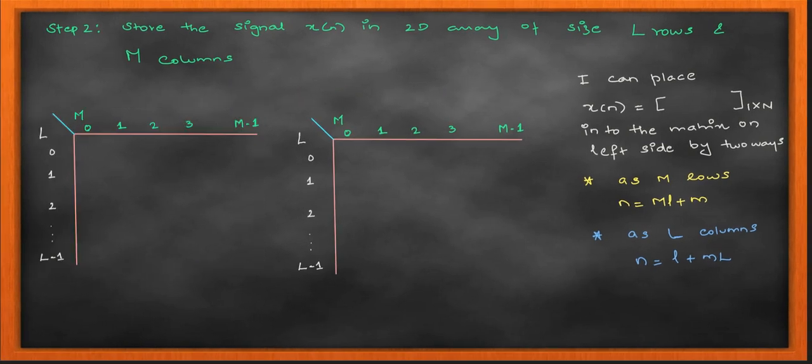Good. So you can plug in some values and see how it goes. For n equal to 0, and L and M equal to 0, what do I get? You can just put these values and you will see you're going to get x0, x1, etc., x of M minus 1. So the row representation is given in the first diagram.